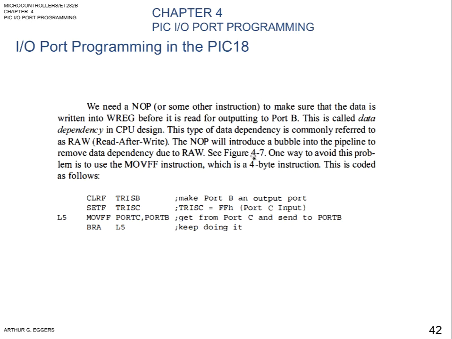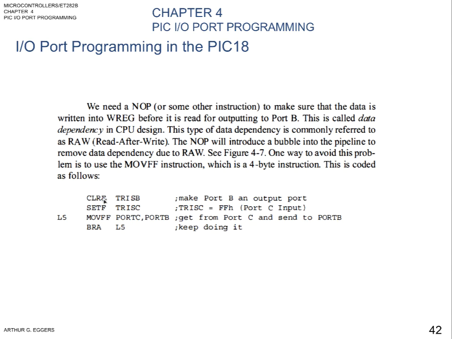If we look at figure 4.7 in your text, one way to avoid such a problem is to use the move FF instruction, which is a 4-byte instruction. This is coded as follows. So you can see we've got the move FF command down here.